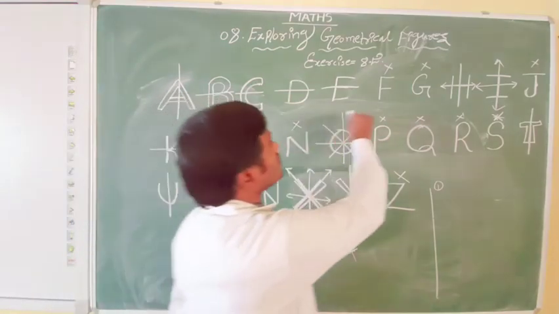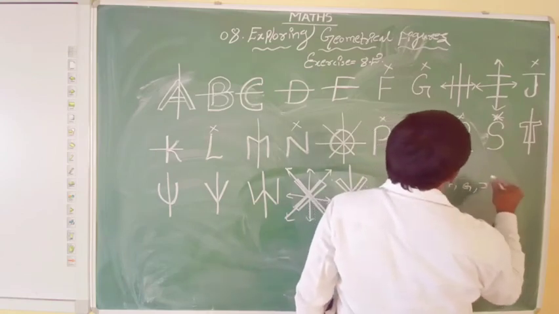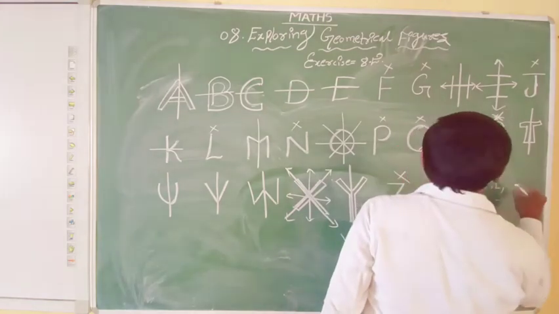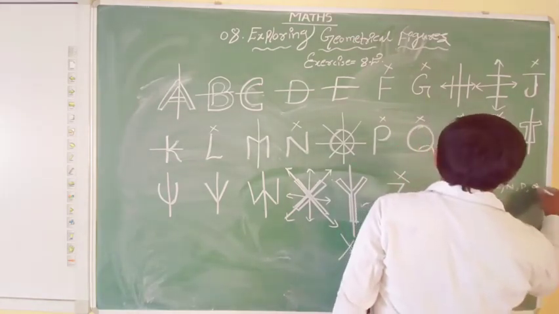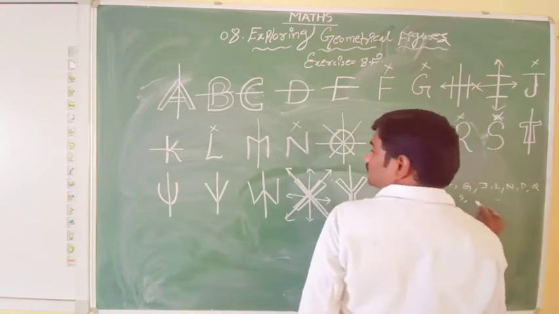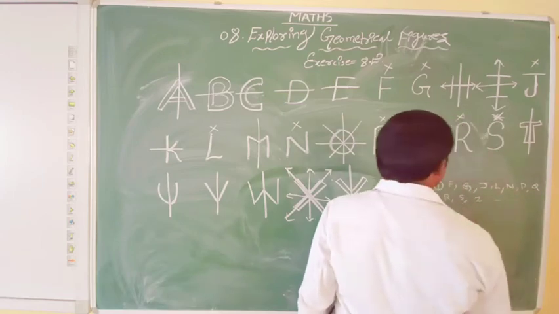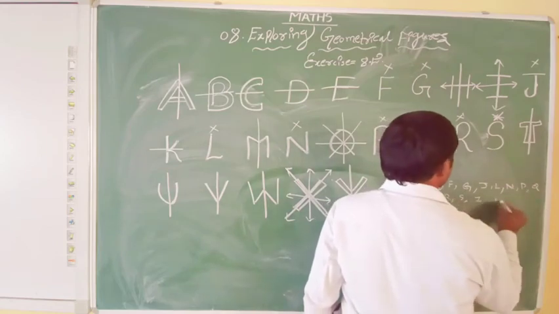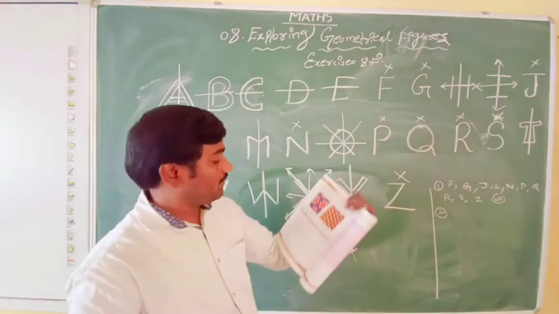Here F, G, J, L, N, P, Q, R, S and Z. These are 1, 2, 3, 4, 5, 6, 7, 8, 9, 10. There are 10 alphabets which have no axis of symmetry.